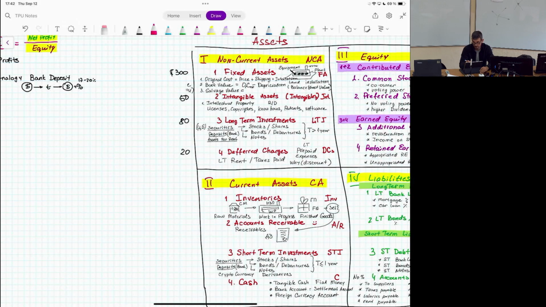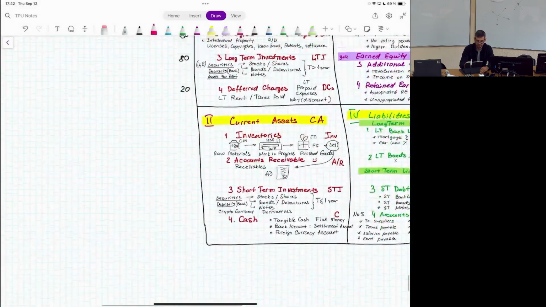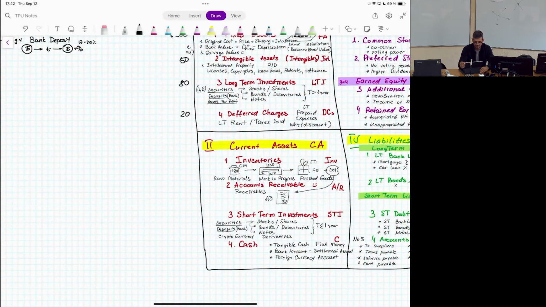Can you tell me how much will be the non-current assets? Close, but not the first number. The big, not 100. 400. So the total will be the 450. Okay? It's 300 plus 50 and then plus another 100. Right? So it's 450.